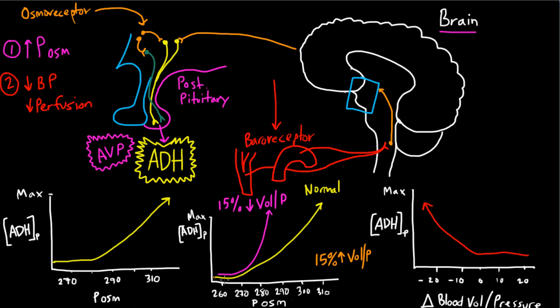Likewise, if there's been volume expansion and the blood pressure is normal, this curve is blunted somewhat, in that you will have stimulus for ADH secretion, but it will be blunted if someone's hypertensive or just got a saline bolus, for instance. These two inputs are certainly worth memorizing.